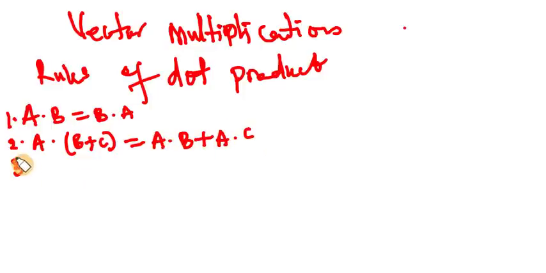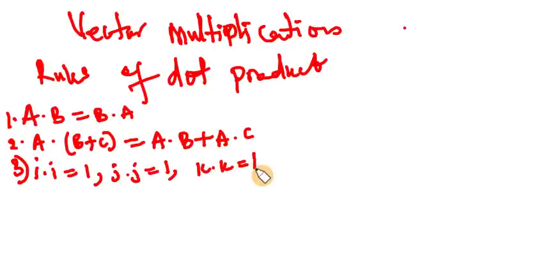If you have unit vectors, let's say in ijk, for instance, i dotting itself is 1. The same applies with j dotting itself is 1, and k dotting itself is 1.